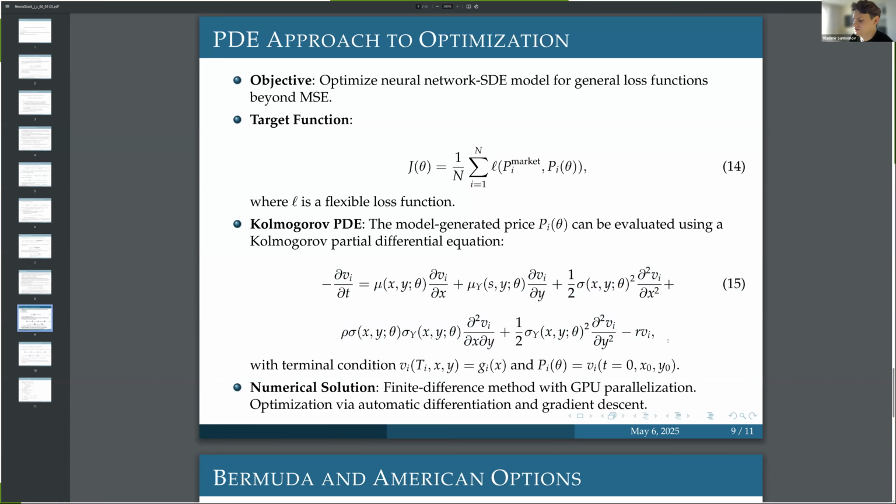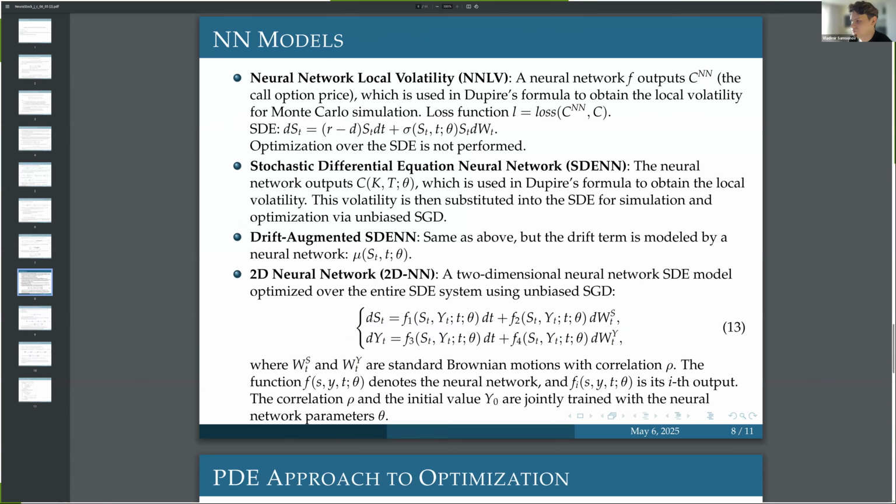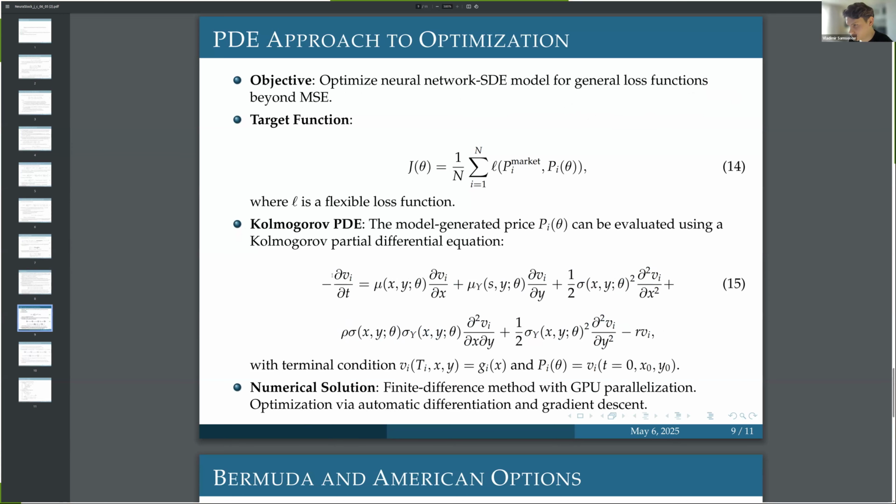It can be shown that this two-dimensional process in formula 13 can provide this type of partial differential equation for the price of the option. You can use the same approach used in Itô's lemma, or use the Feynman-Kac equation to get this type of partial differential equation.